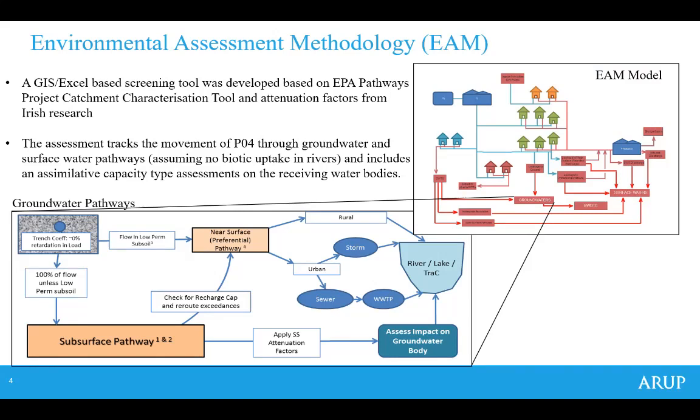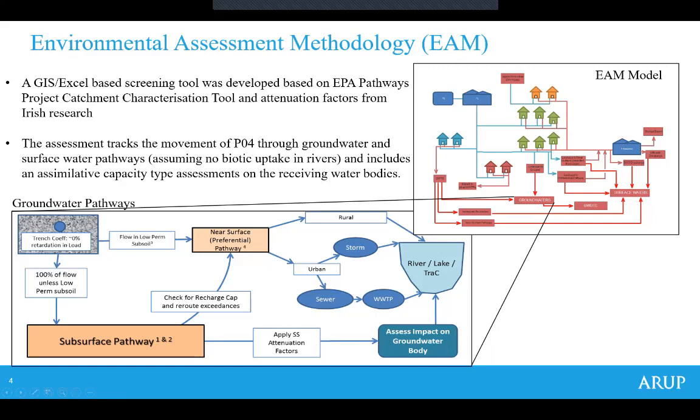Groundwater pathways are considered in detail in the image below here, where you can see that the potential leakage rates from the water supply main in the trench are tracked through various pathways. Some of these pathways will percolate down into a deeper pathway in the bedrock, whereas others, in say low permeability subsoils, will flow at near surface preferential pathways.